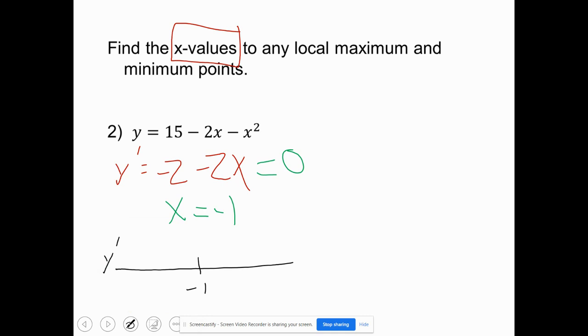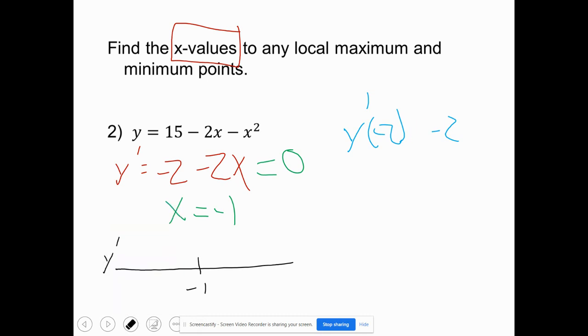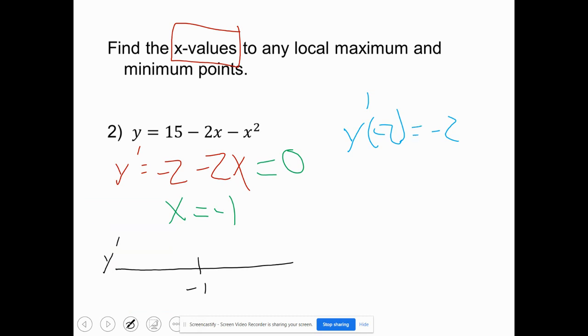If you plug in a number before -1 into the equation, like -2, y prime of -2 is equal to -2 minus -2 times -2, which will give me +4, which gives me a +2.